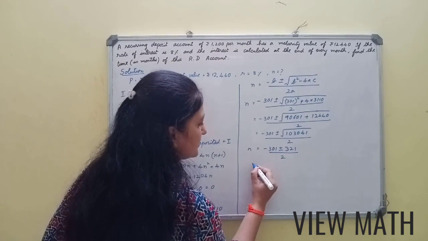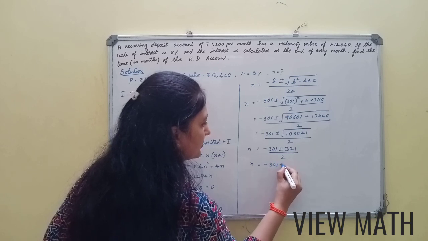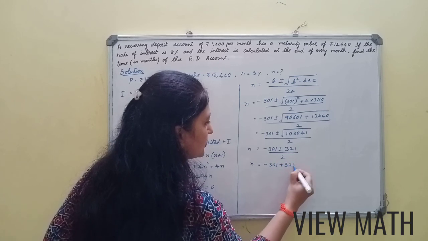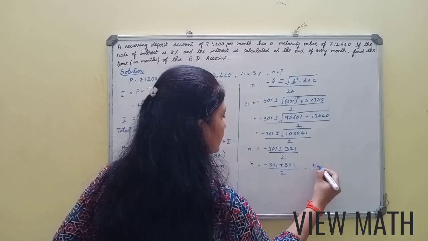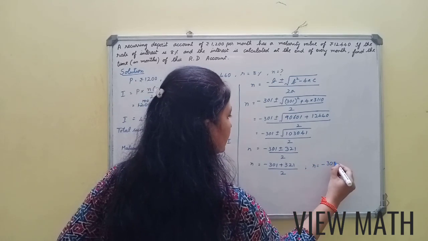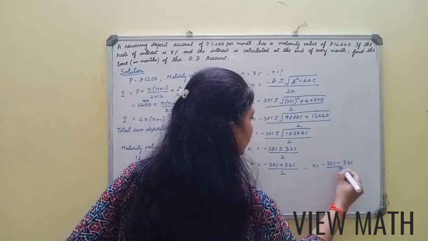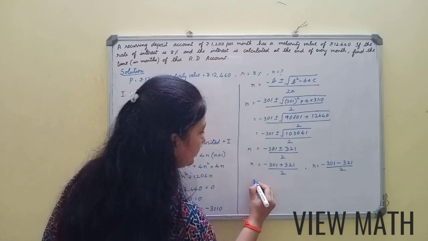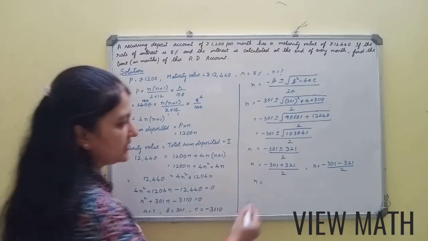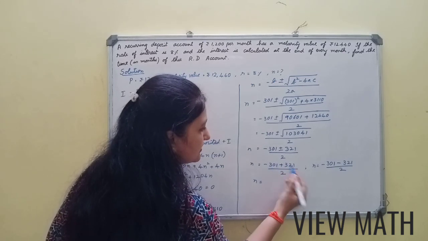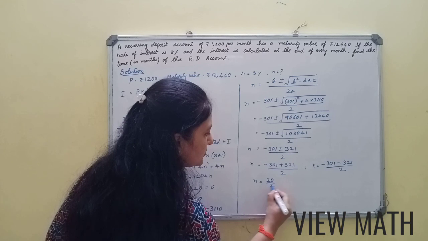Let me take the positive value and the negative value separately. Plus 321 by 2 and n is equal to minus 301 minus 321 by 2. Here I will be getting 20, minus and plus, you have to subtract, you will be getting 20 by 2.